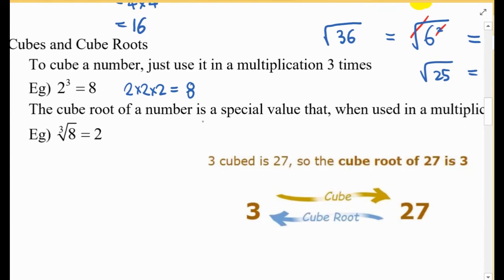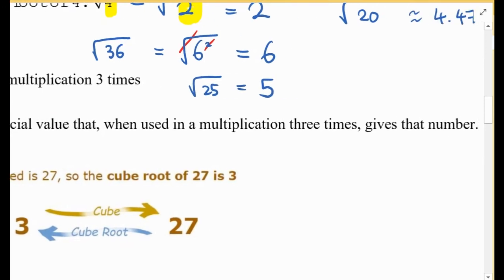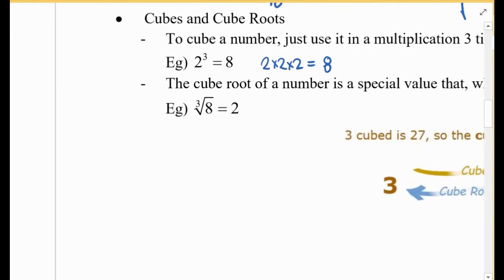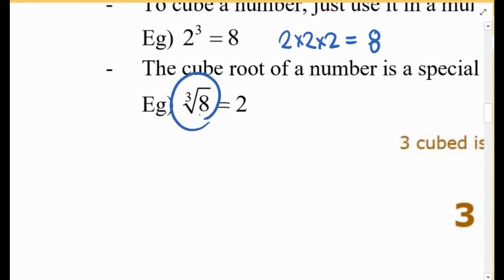The cube root of a number is a special value that when used in a multiplication 3 times gives that number. So for example, the cube root of 8. Everyone, what number do you have to multiply 3 times to get 8? That is 2. So the answer is 2. So you can just rewrite it as the cube root of 2 cubed.